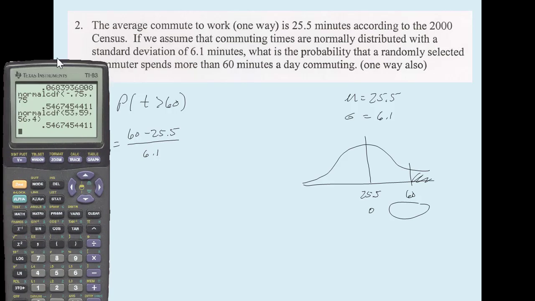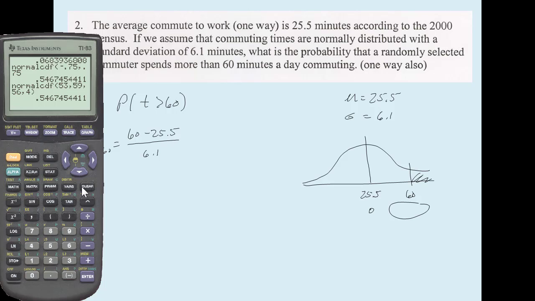I'm going to use the calculator for that. Clear. So I get 60 minus 25.5, and I get that number, and then I divide by 6.1, and that gives me, holy moly, 5.655. Oh, that's not even right.